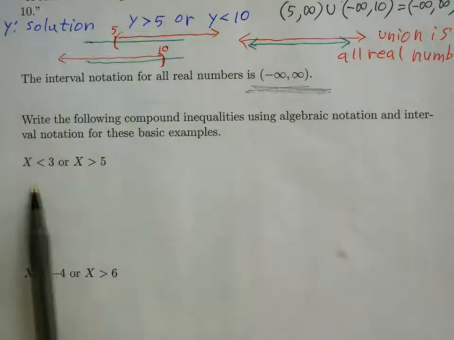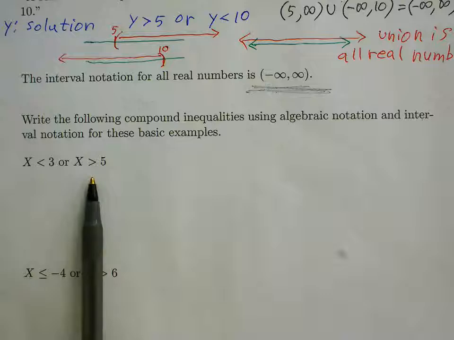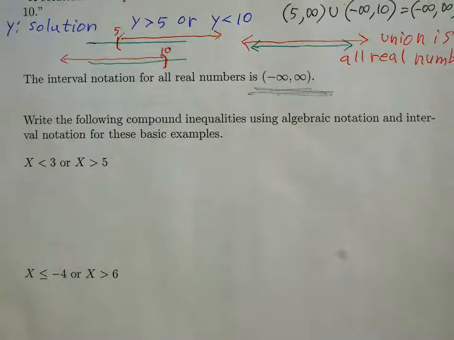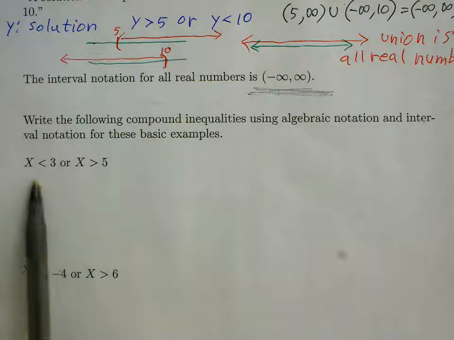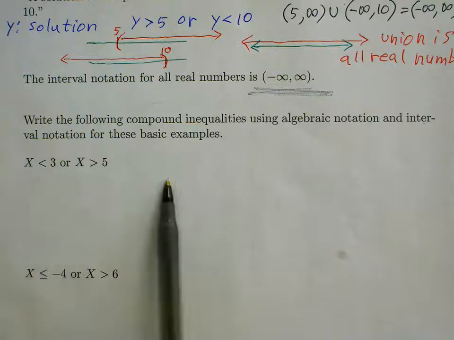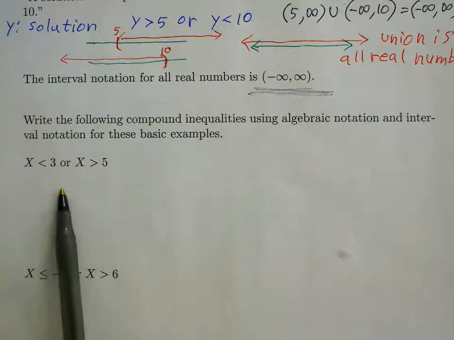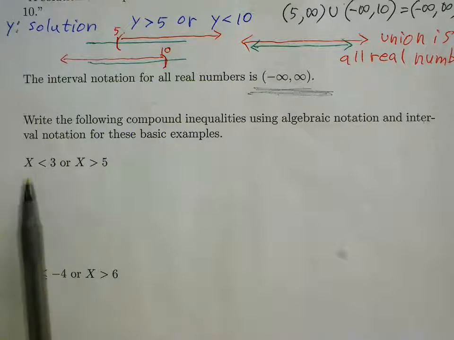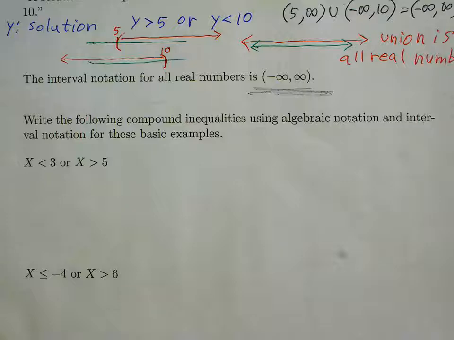Okay, x is less than 3 or x is greater than 5. This is the algebraic notation, because in both inequalities, x is already by itself.